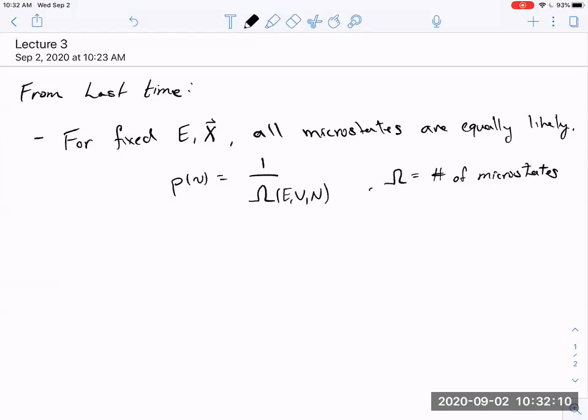In fact, we worked out a general expectation for how that omega, how the number of microstates, scales with the extent of the system.